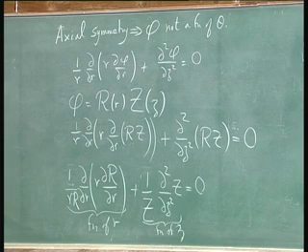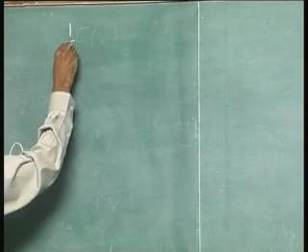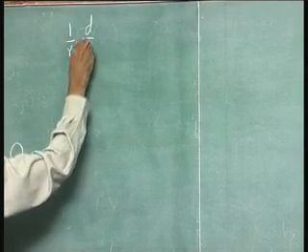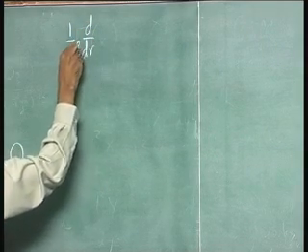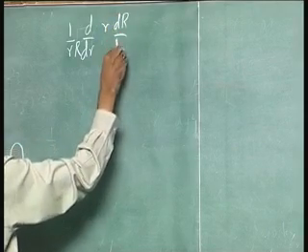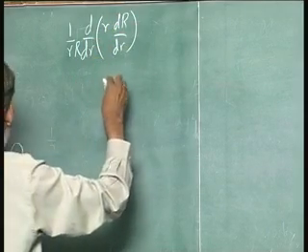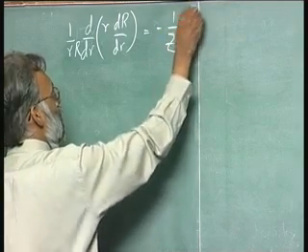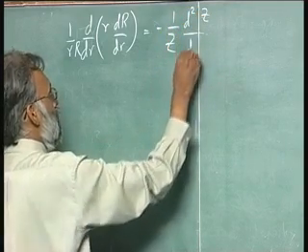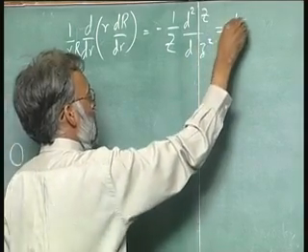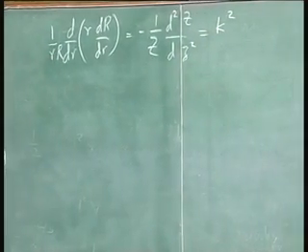We get two equations. We get 1 over r d by dr, 1 over r capital R, r d capital R dr is equal to minus 1 over capital Z d squared capital Z d z squared, and I am saying that that is equal to k squared.